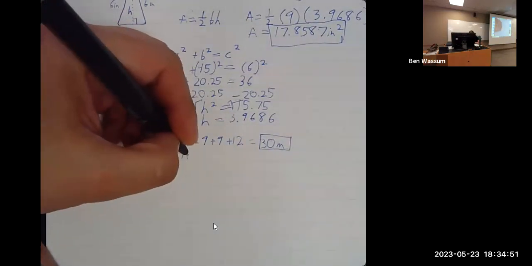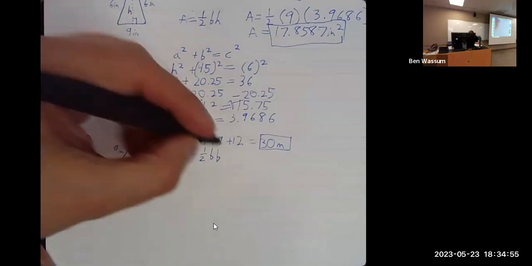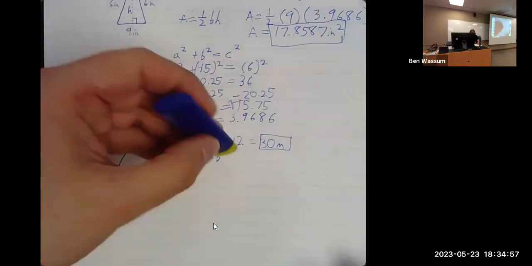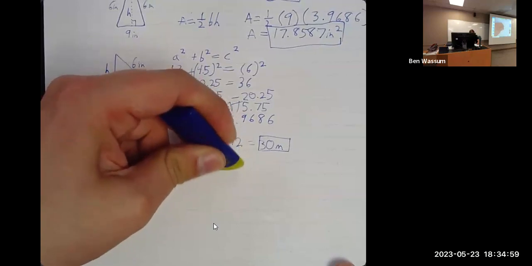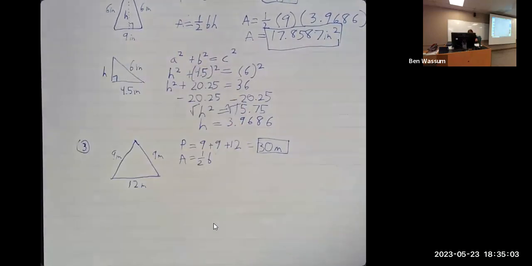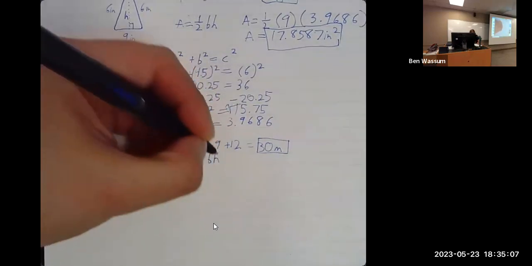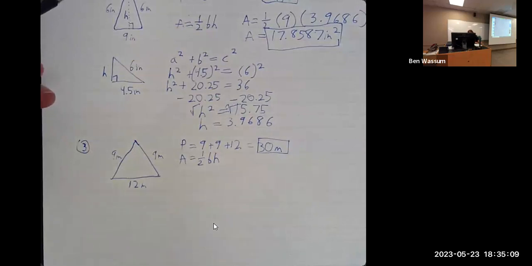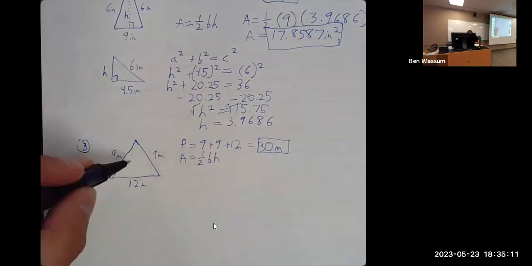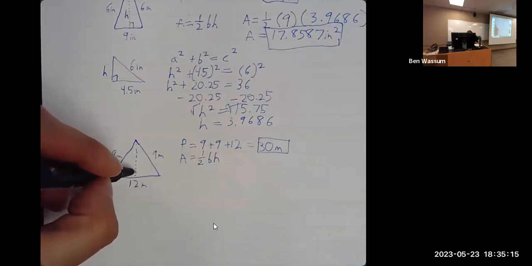Now the area is gonna be tricky just like the last couple. Oops. I need to write BB. I don't have a pellet gun handy. So just like the last ones, we need to know what the height of this triangle is.